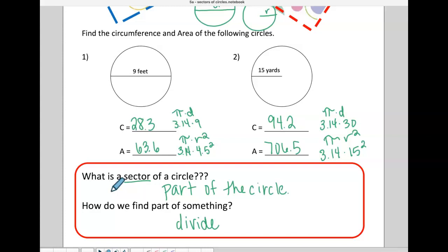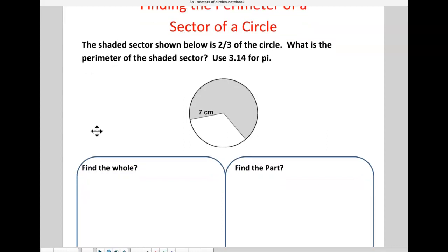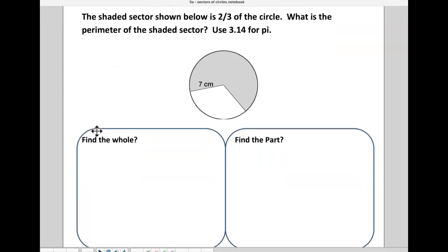Okay. Now, with perimeter, if you look at this next half of the paper, it says finding the perimeter of a sector of a circle. The shaded sector below is 2/3 of the circle. What's the perimeter of the shaded sector?